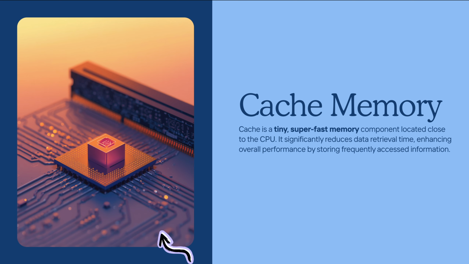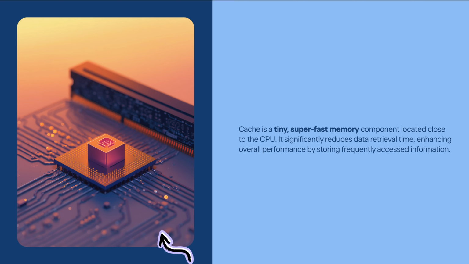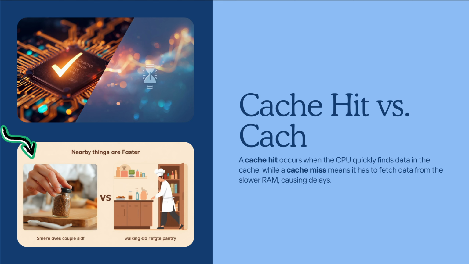So, how does the cache memory actually find the data it's looking for? This is where we go to cache hit versus cache miss. When the CPU looks in cache and finds what it needs, that's called a cache hit. Let's say the CPU says, I need this. The cache checks and sees: do I have it? Yes or no. When we have it, it's called a hit.